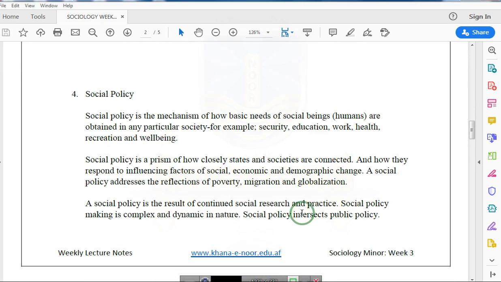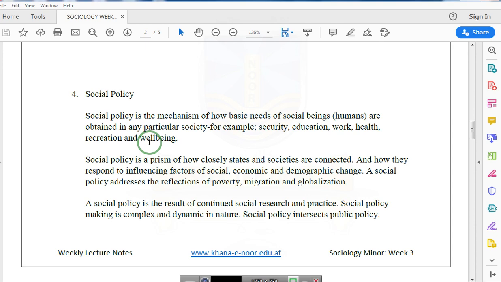Now, social policy. What is a social policy? In simple terms, we may say that social policy is the mechanism of how basic needs of social beings, humans, are obtained in a particular society, for example, security, education, work, health, recreation, and well being.